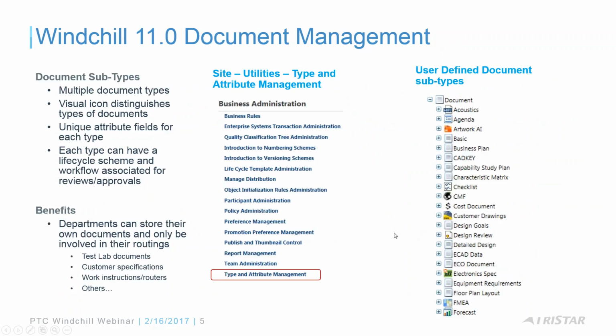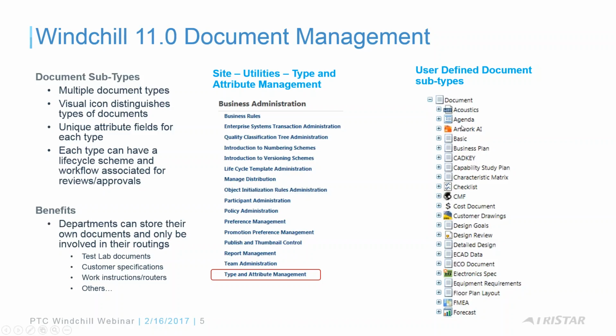So one of the nice things in Windchill, once I decide to put documents into the system, is that I can create something called document subtypes. That means from the administrator page, I can go in and access the type of documents that are out of the box.